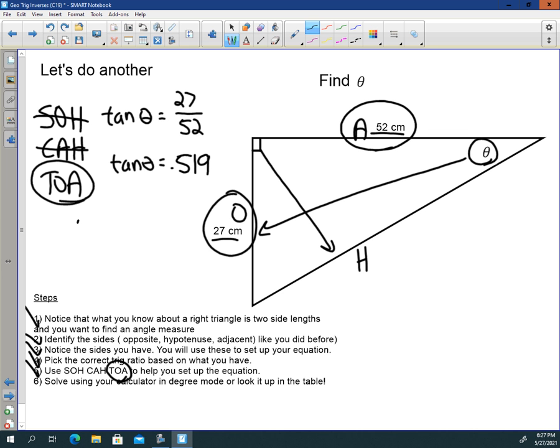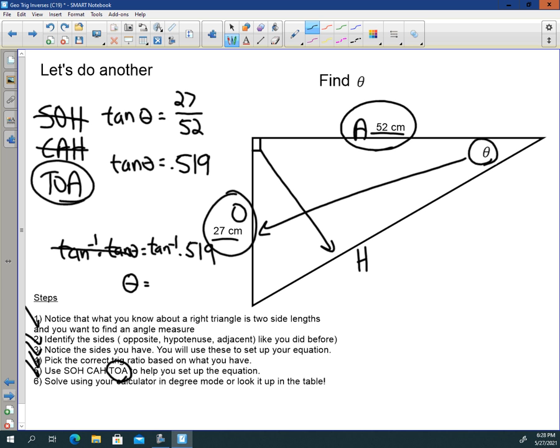In other words, the tan inverse of tan theta equals the tan inverse of 0.519. This tan inverse cancels that tan, and what we have on this side is theta, and then we plug into our calculators 0.519 second tan.